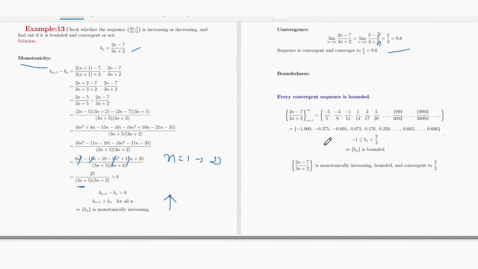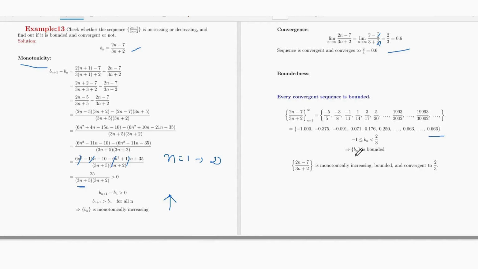Then the value is increasing, and as we move towards infinity, it approaches the value 2 by 3. So we conclude this sequence lies between minus 1 and 2 by 3. This is the lower bound of the sequence and this is the upper bound of the sequence.